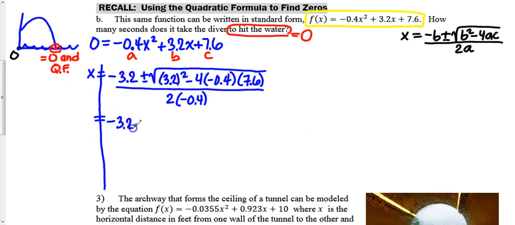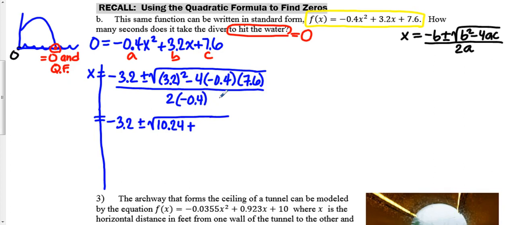So my next line is going to be negative 3.2 plus or minus, let's see, 3.2 squared is 10.24. Negative times a negative is a positive, times a positive is a positive, so I know that's going to be a plus.